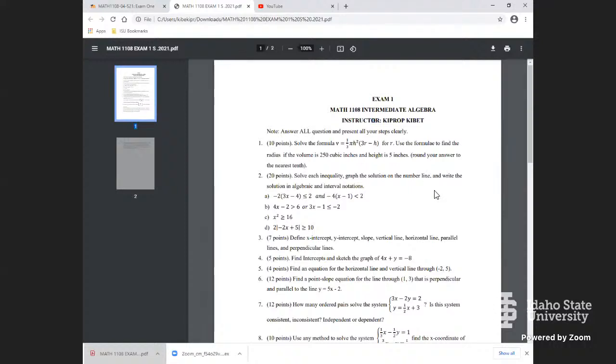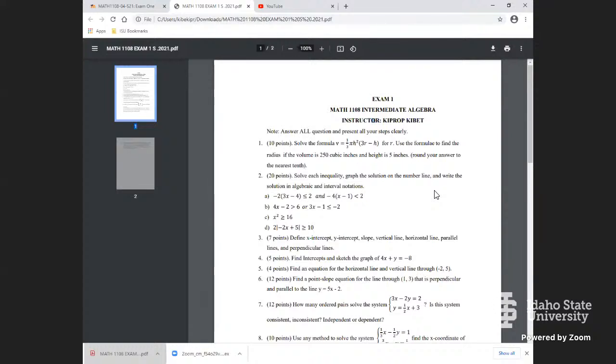All right, so if you look at question number one, it was so easy, right? Solve the formula for R. That means you're making R the subject.